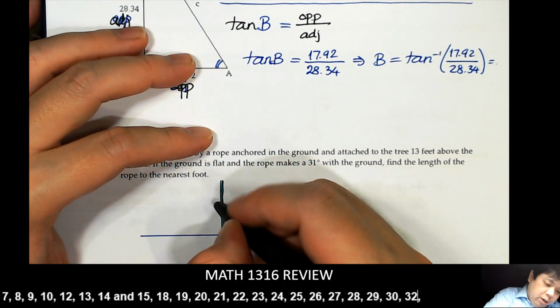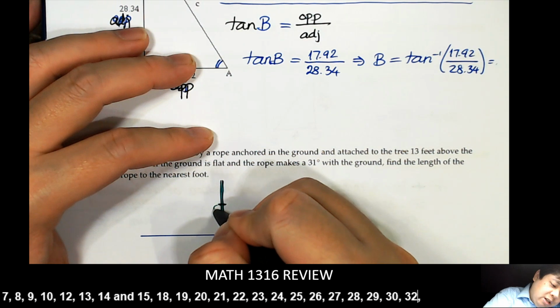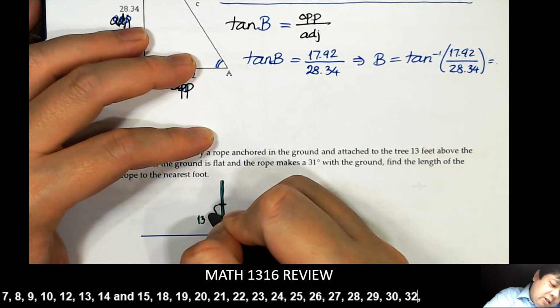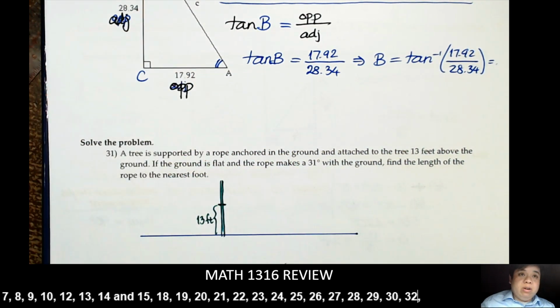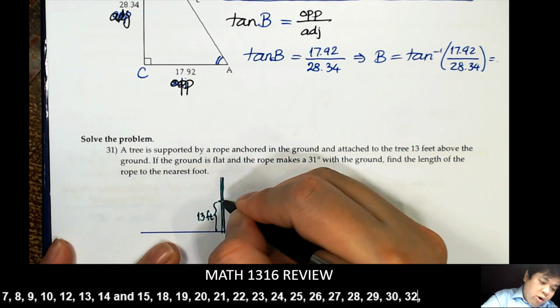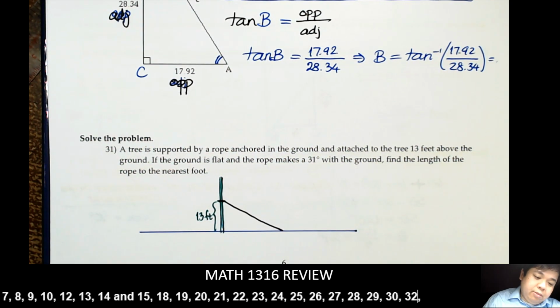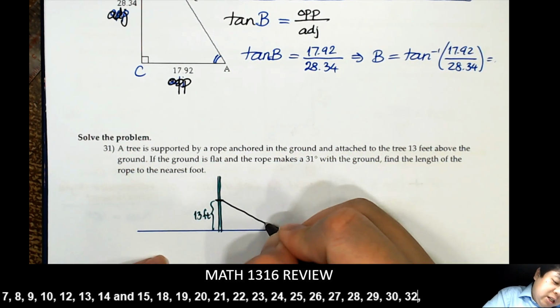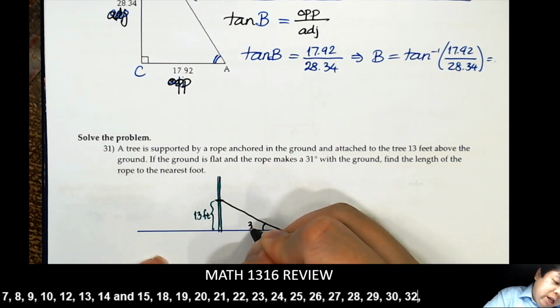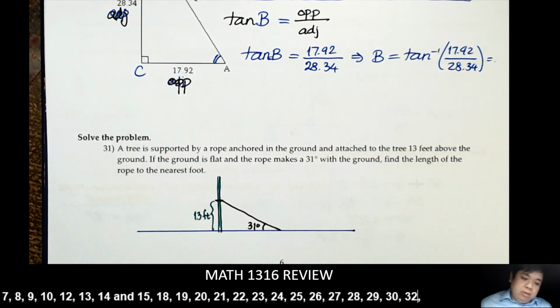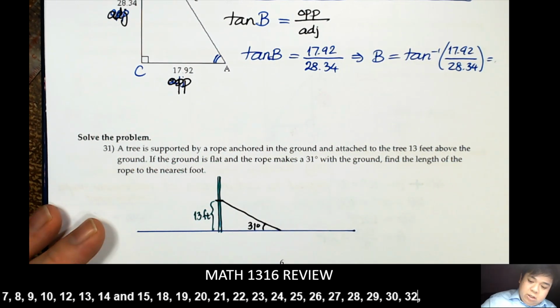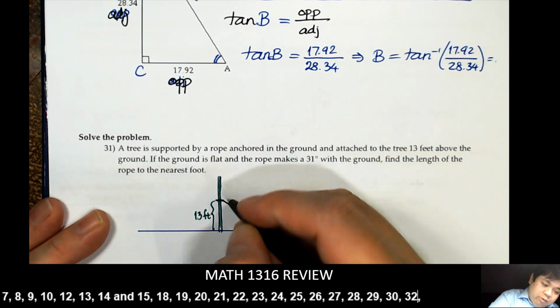So we're going to pick the point on the tree that is 13 feet above the ground, and we'll attach a rope to it, which makes a 31 degree angle. The question is, find the length of the rope. So it has to find this length.